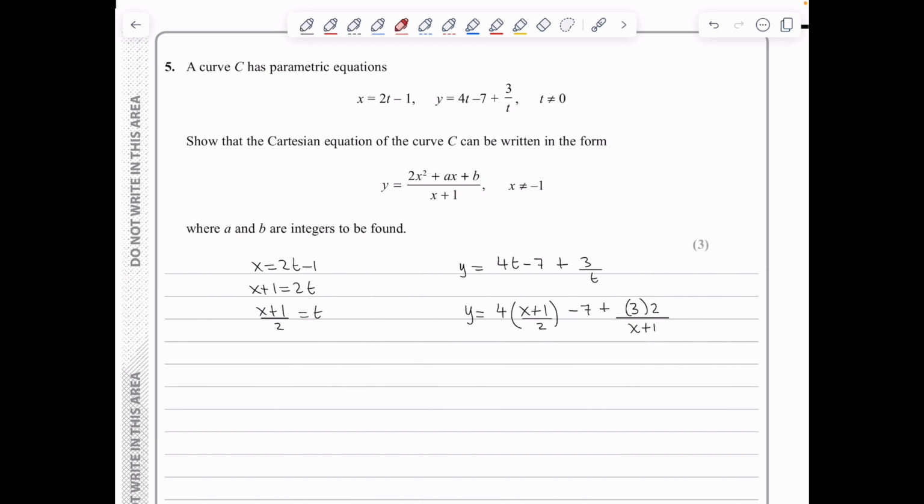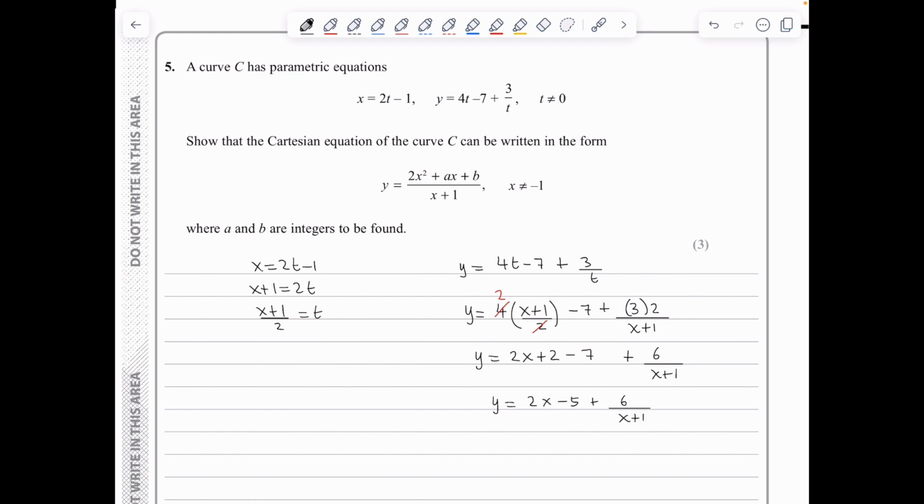And now the 4 with the 2 cancel out to give me a 2 in the numerator. So I have that y is 2x + 2 − 7 + 6/(x + 1), which further simplifies into y is 2x − 5 + 6/(x + 1).